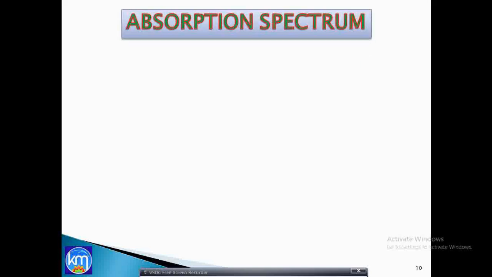The next type of spectrum is the absorption spectrum. When do we get an absorption spectrum? It is produced whenever light from a source giving a continuous range of wavelengths is passed through an absorbing material.